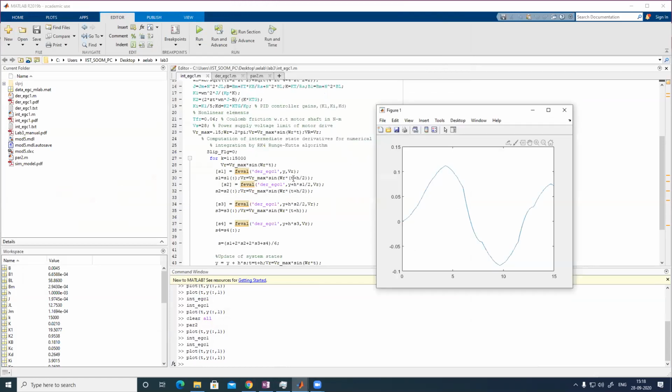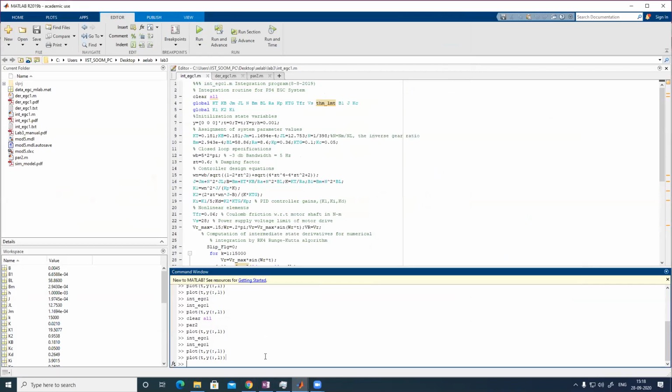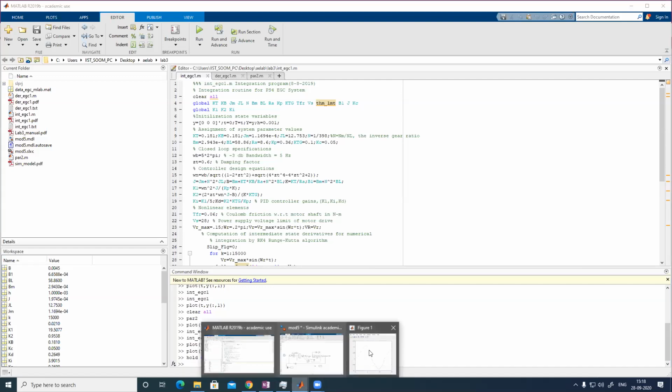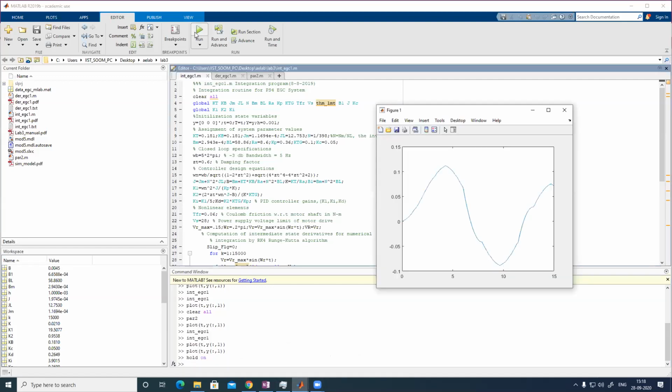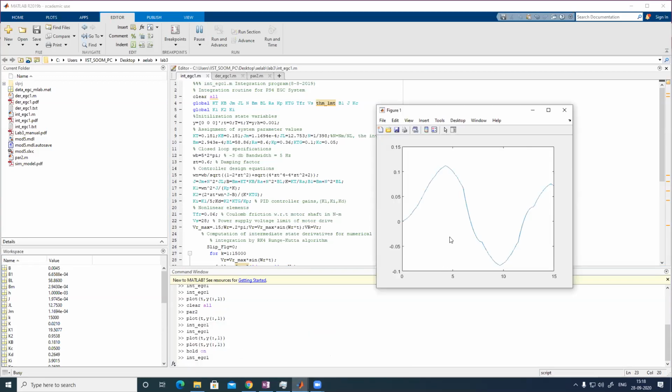So this is getting from here. Now you can see both the things are equal.